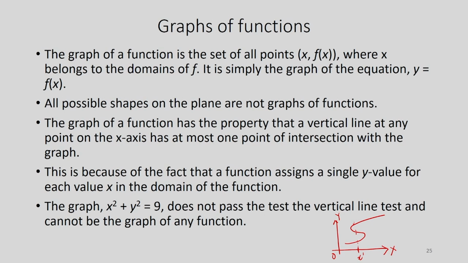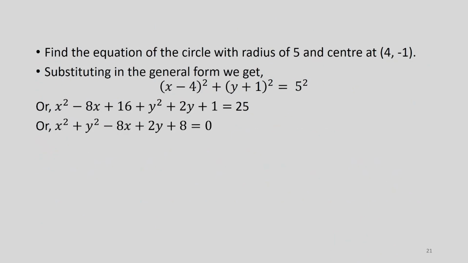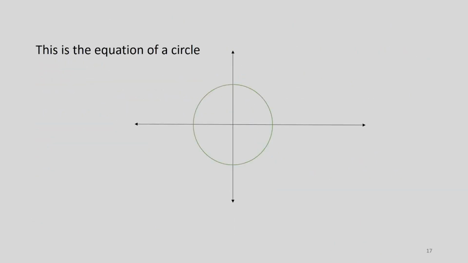The graph x square plus y square is equal to 9 does not pass the vertical line test, and cannot be the graph of any function. Just remember how this shape looked. This is x square plus y square is equal to 9.